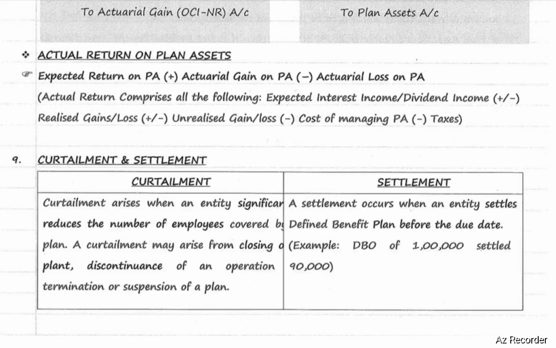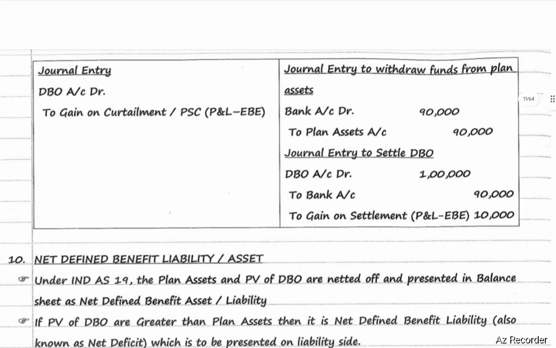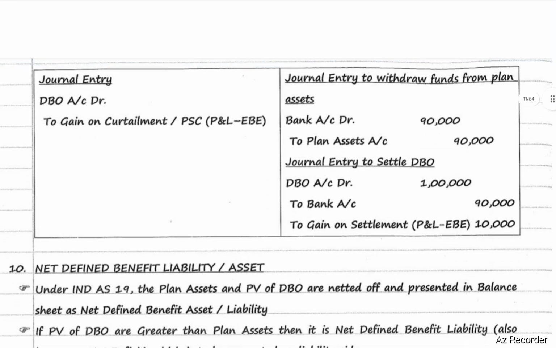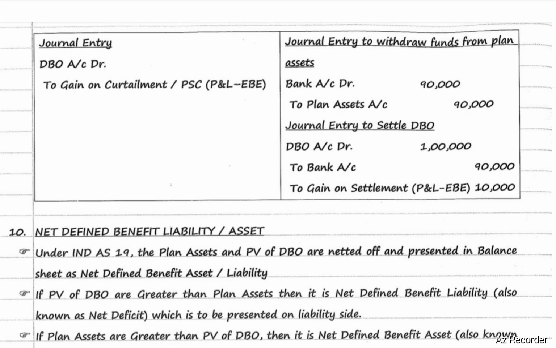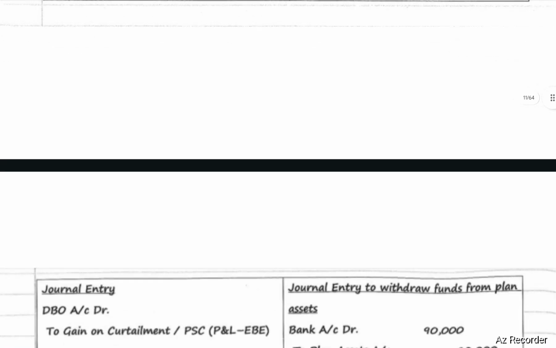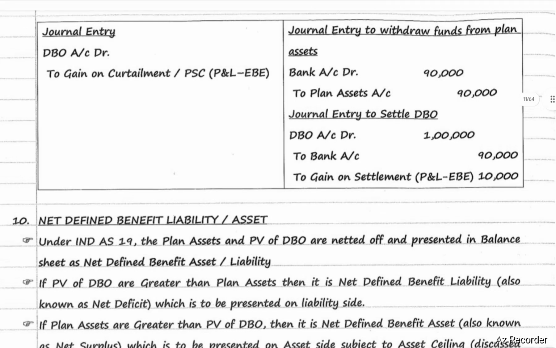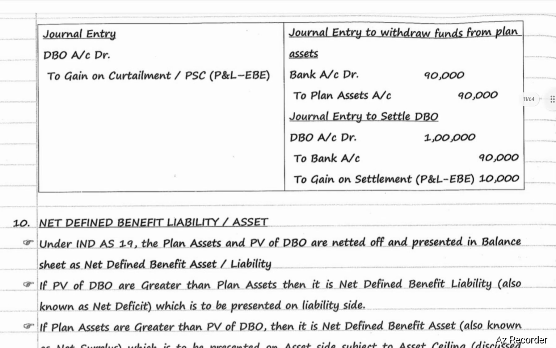This is the settlement. The journal entry in case of curtailment will be defined benefit obligation account debit to gain on curtailment or past service cost. This gain on curtailment or past service cost will be transferred to P&L as employee benefit expense. Next, in case of settlement, the journal entry to withdraw funds from plan assets will be bank account debit to plan assets 90,000.